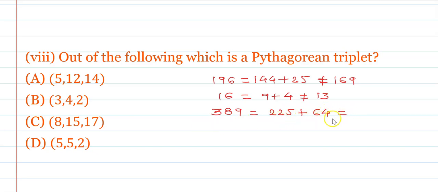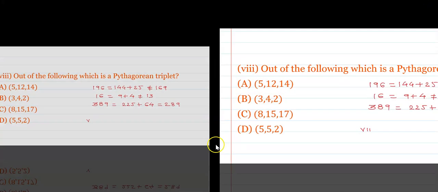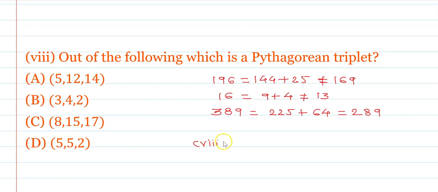If you add it, then you will get 5 plus 4, 9, 2 plus 6, 8, and then you will get 289. Therefore, this is the Pythagorean triplet. Therefore, the option C is the correct one there. Question number, option C is the correct here. Okay. Now, next.